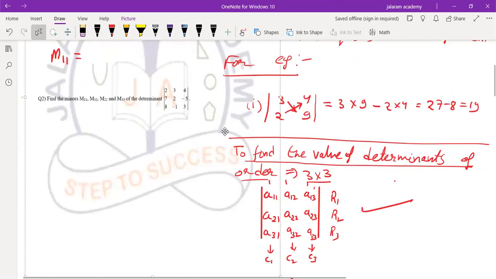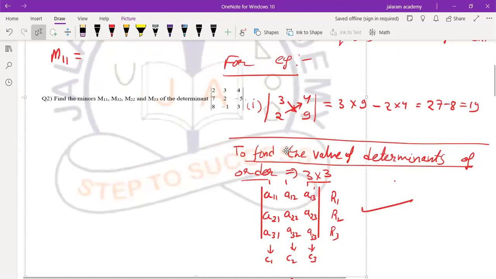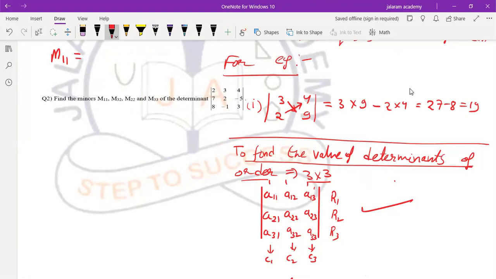So how will you find M11 in this question? Find it with me, and tell if you have any doubt in the comment box. First we write the determinant obtained by deleting first row and first column.